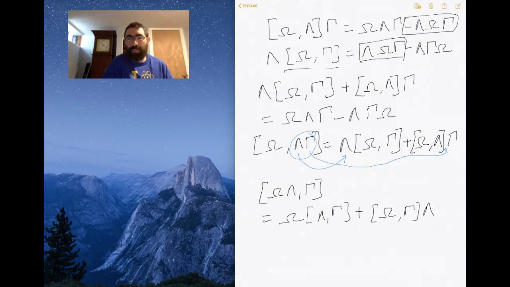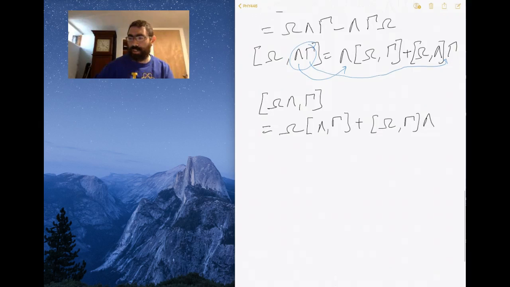So if you have a commutator that is between one operator and the product of two other operators, then you can distribute it to other commutators. Okay, so that's going to make life a whole lot easier now.